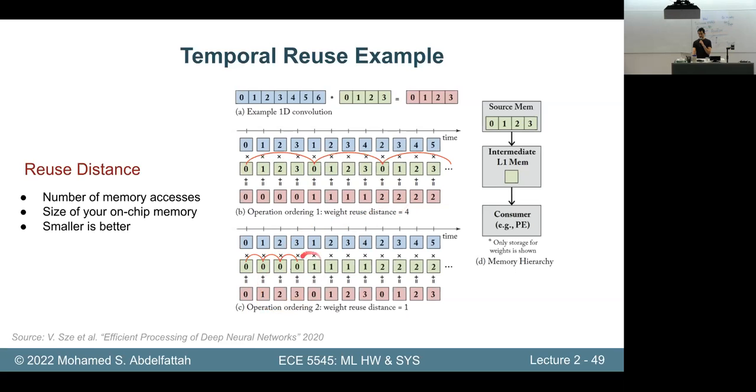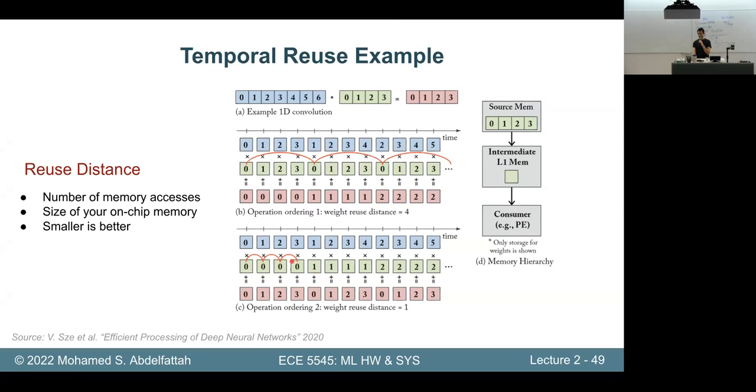And so here is another scheme where instead of having a reuse distance of 4, so every 4 cycles I will reuse that operand, I have a reuse distance of 1, and it's producing the same results, but just in a different order. And so by reorganizing my computations here, I'm able to reuse the 0 multiple times.